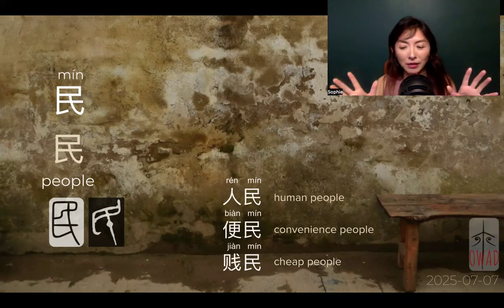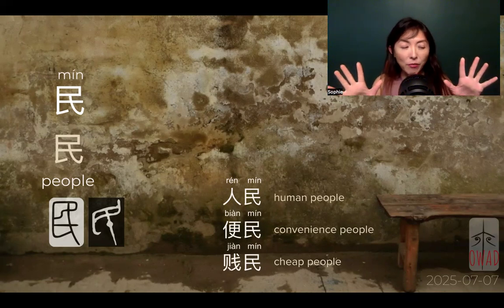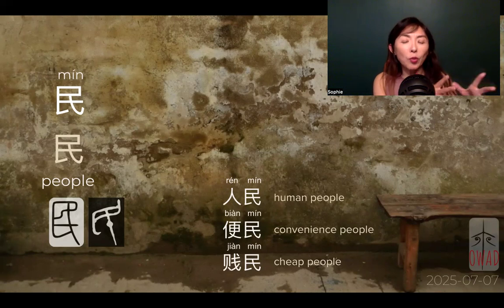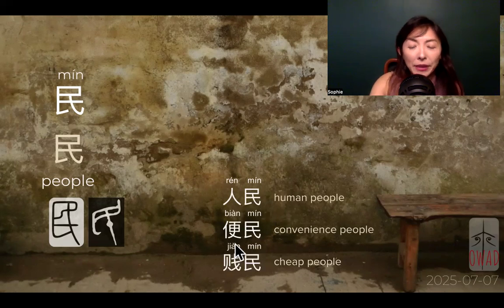So 人 and 民, each of them have multitudes of meanings. When we pair these together, both of them are pointing toward one direction, sort of. And so that way it doubles down, securing the meaning. Okay. 便民, 便 means convenience, people.